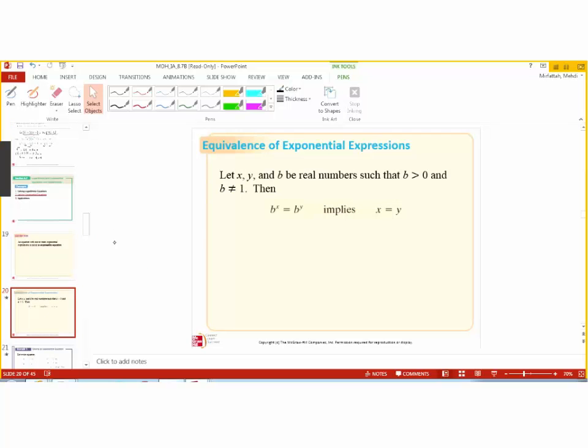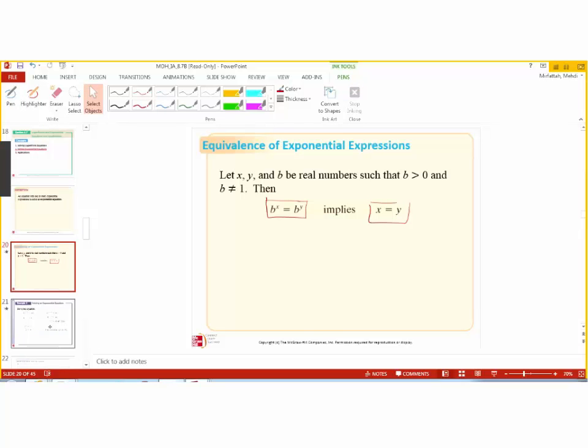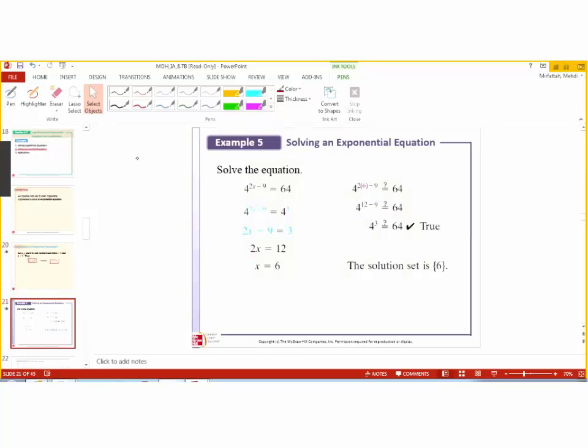Now, another type is when the bases are the same, the exponents are the same. If we can make the base the same, then we can conclude the exponents are the same. The example for this would be 4 to the power of 2x minus 9, and then here we have 64.